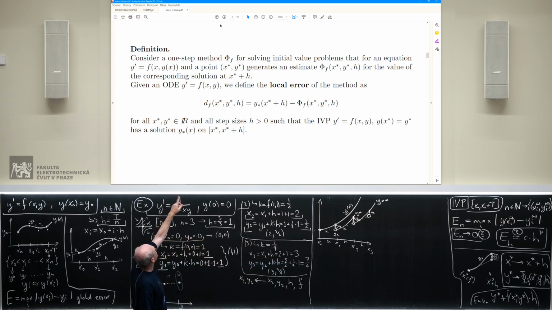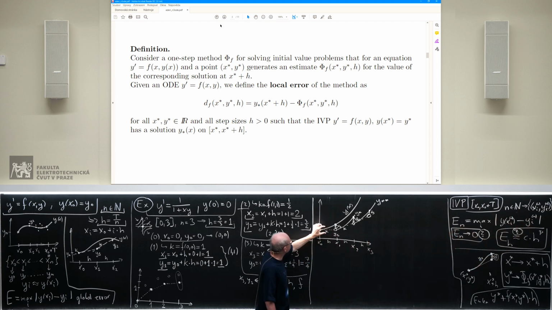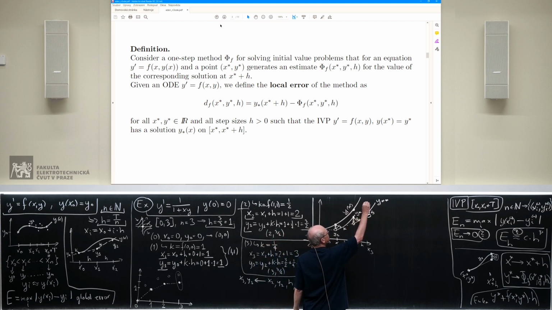So there is no n in the definition at all. But now we are back in this general setup, with partition size and points xi, yi, and so on. And we look at the global error, and we can see that we are taking the maximum of differences. So it makes sense to look at these differences between our approximation and the actual solution. So now these points are of interest.